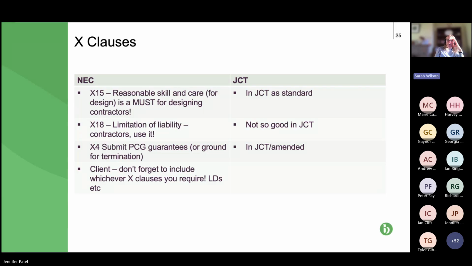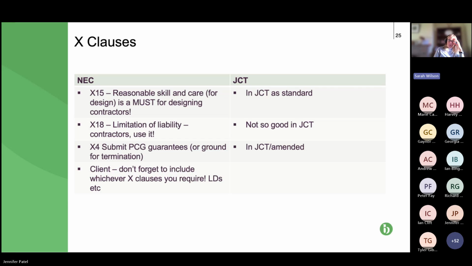Just some of our optional X clauses. We've looked at these and they fall into a couple of categories. The first is some clauses to protect the contractor. So X15 and X18 are two such clauses. Also X1 and X2, which are compensation events for inflation and for changes to the law respectively.